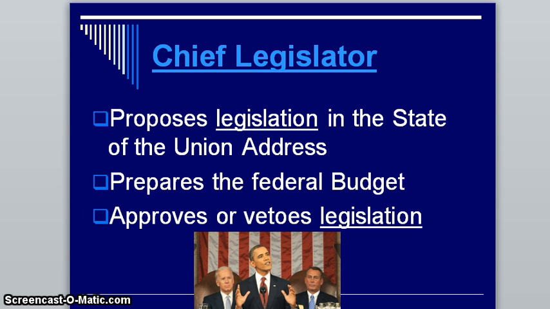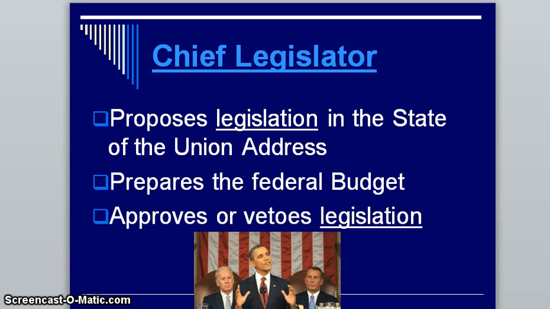He also prepares the federal budget. We talked a little bit about the Office of Management and Budget. This is a large part. We need to know where our money is going. Our executive branch is the carrying out part of our government. They know how much money we need to accomplish our tasks. So he will prepare the budget. Now again, we do need approval of that.